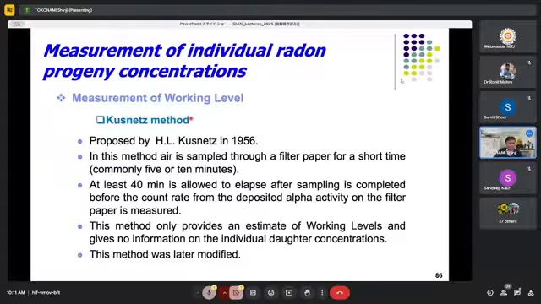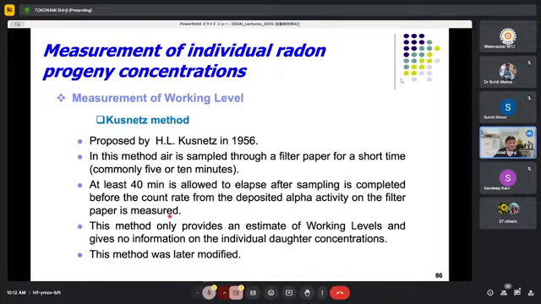The Kusnetz method was proposed by Kusnetz in 1956. In this method, air is sampled through a filter paper for a short time, commonly 5 or 10 minutes. At least 40 minutes is allowed to elapse after sampling is completed before the count rate from the deposited alpha activity on the filter paper is measured.